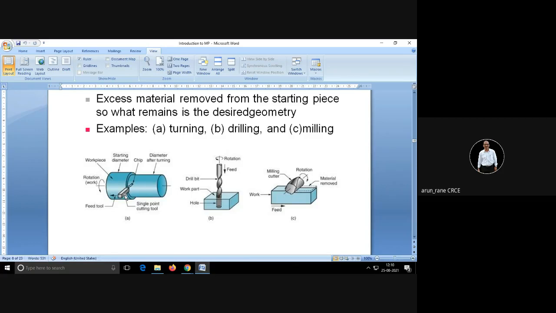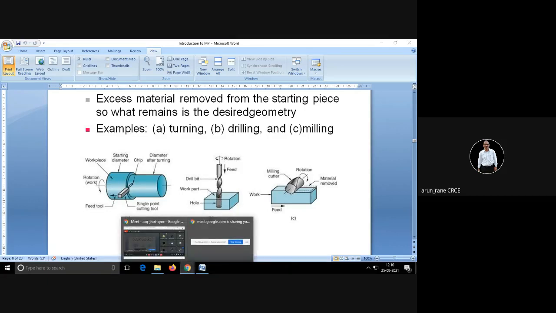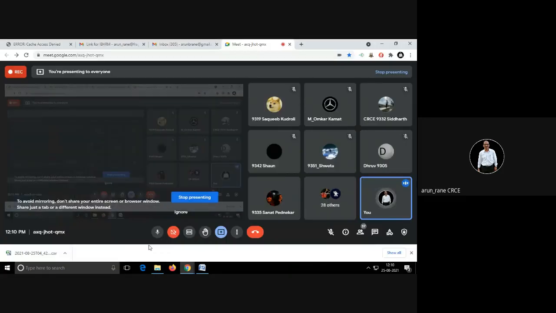Now I'll ask you one small numerical. Suppose the feed is 0.2 millimeter per revolution, and the spindle speed is 100 rpm, 100 revolutions per minute.